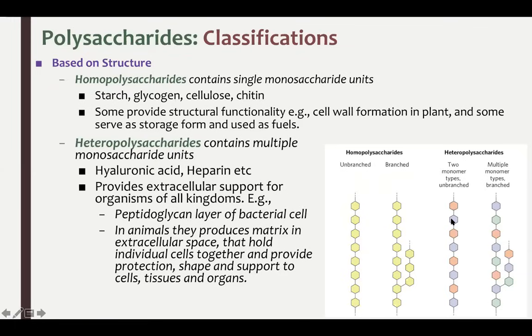And the heteropolysaccharide, this is an unbranched or linear form, where you can see that two different monosaccharide units are present. And here in the branched heteropolysaccharide, you can see three different monosaccharide units are present, and this is the branch.